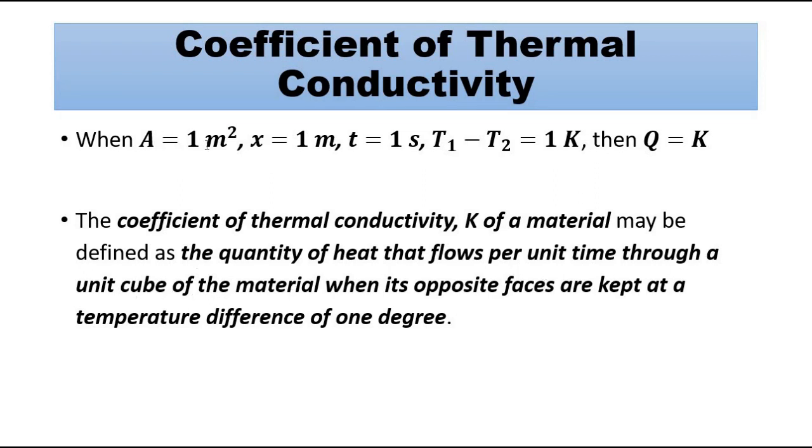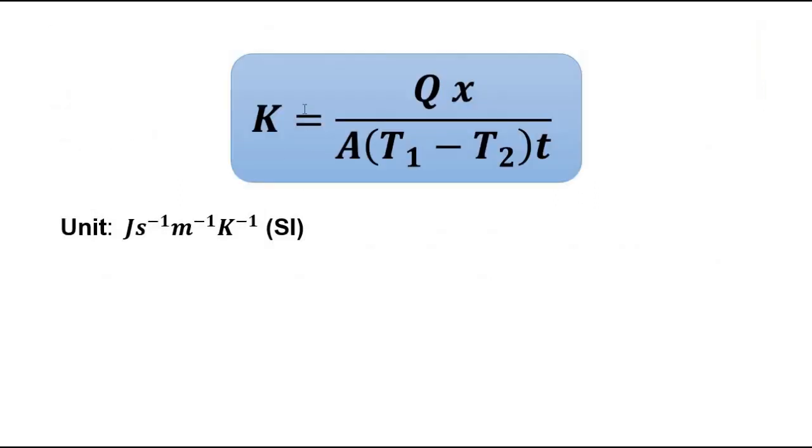It means the area of the face is 1 meter square, and the opposite faces are kept at a temperature difference of 1 degree, T1 minus T2 is 1 Kelvin. A unit cube means the area of the face is 1 meter square, and the distance between the hot face and the cold face is x equal to 1 meter. So Q is equal to K. The coefficient of thermal conductivity can be expressed like this.